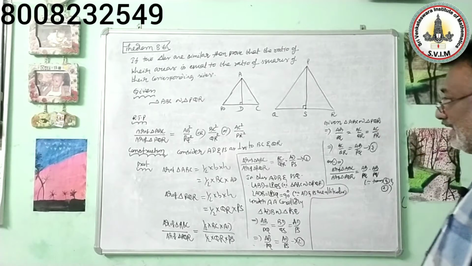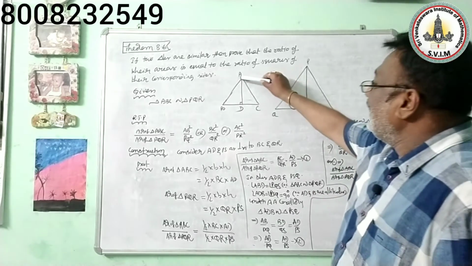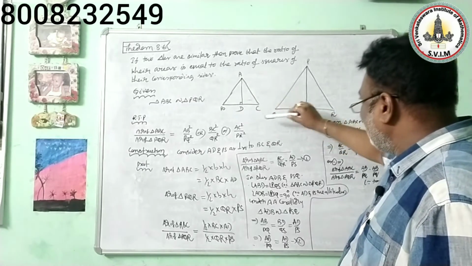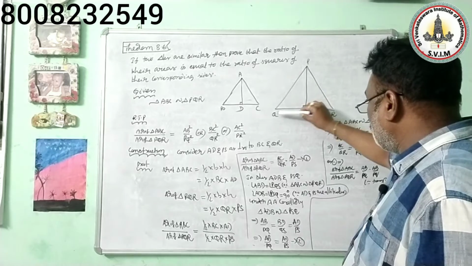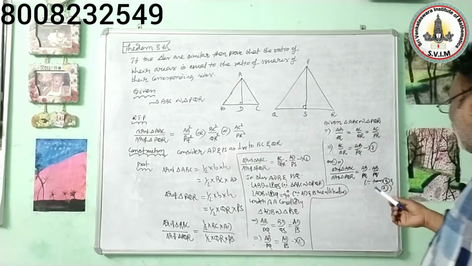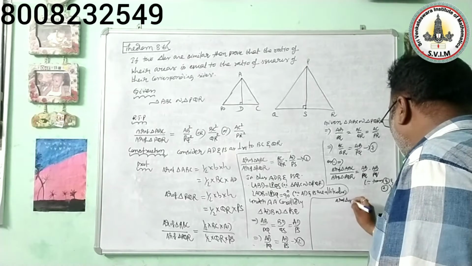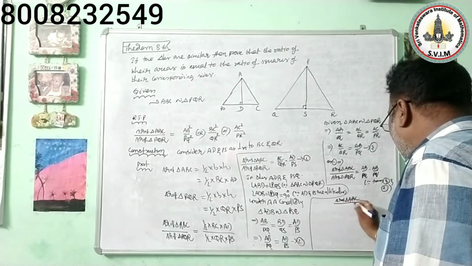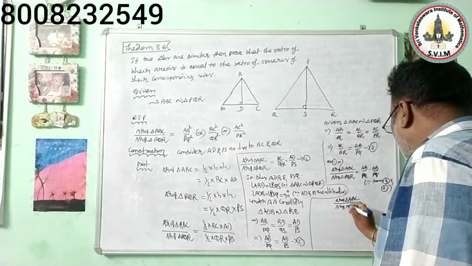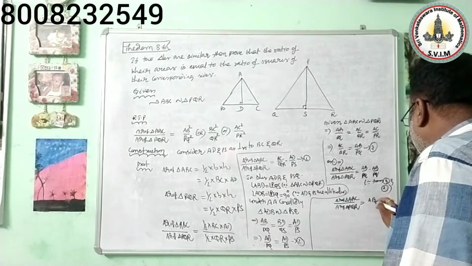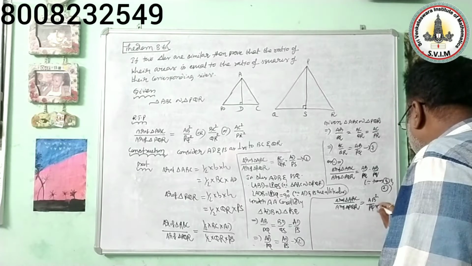Okay, so here listen to me. By taking from this vertex the altitude to BC and from this vertex the altitude to QR, we have proved area of triangle ABC by area of triangle PQR is equal to AB square by PQ square.